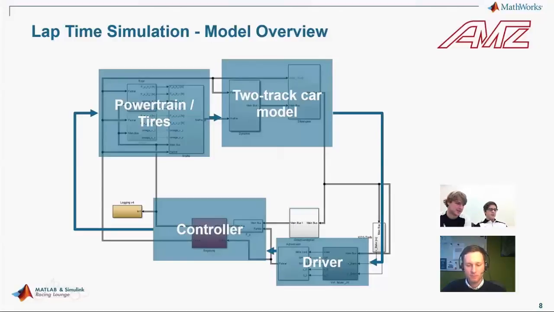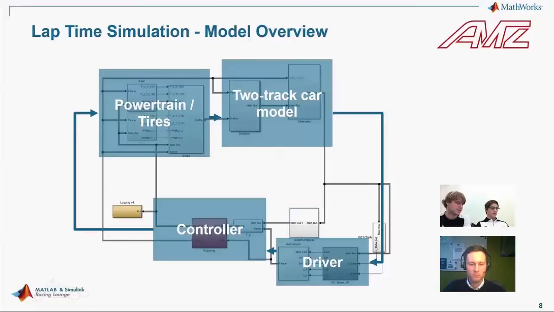And then the driver inputs like the steering, the throttle pedal and the brake pedals go into the controller. The controller holds all the vehicle dynamics and controls of our car. Normally we have there the vehicle dynamics controls of last year's car. So the controller then calculates the torque which is given to the different motors, and then this is passed to the powertrain and the tires.